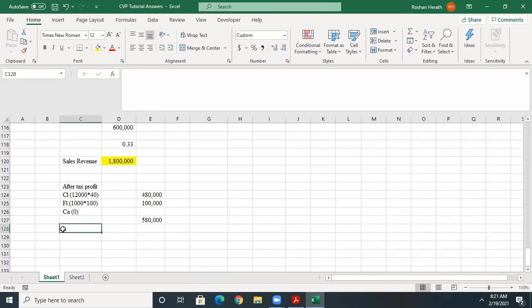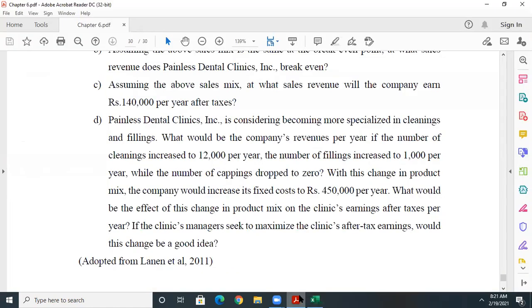So then you need to take the fixed cost. The new fixed cost, as per the question, with the changes in the product mix, the company would increase the fixed cost to 450,000.